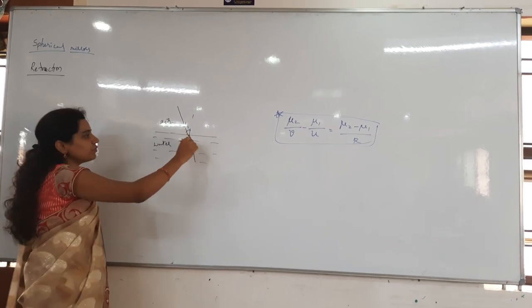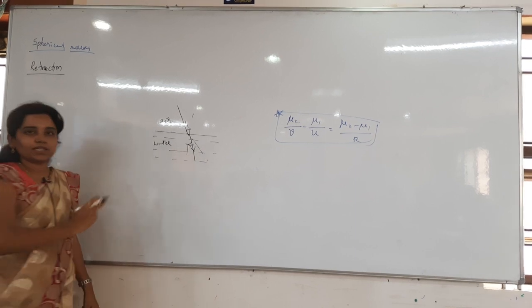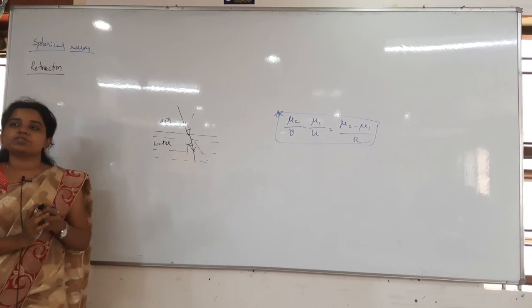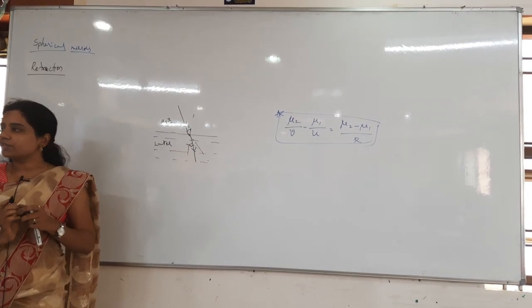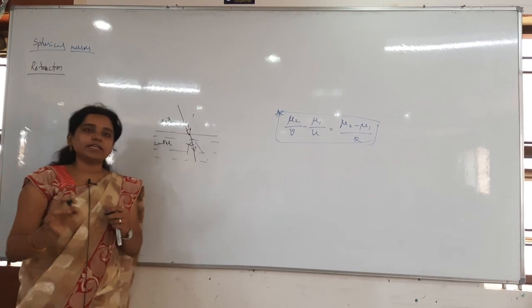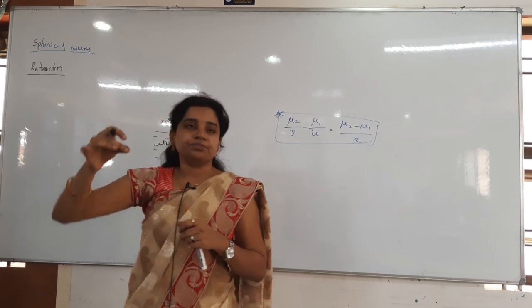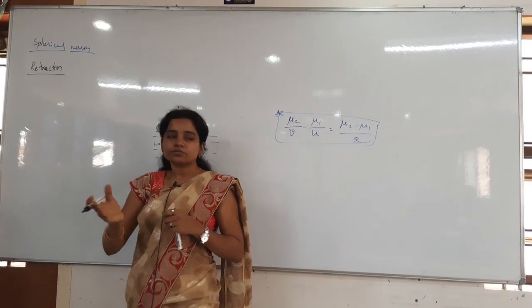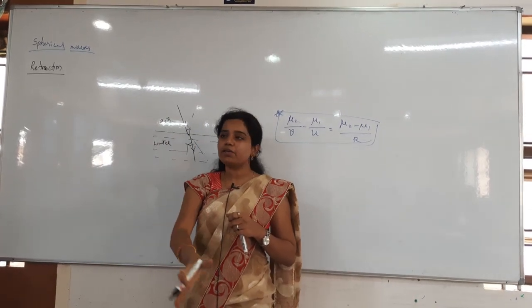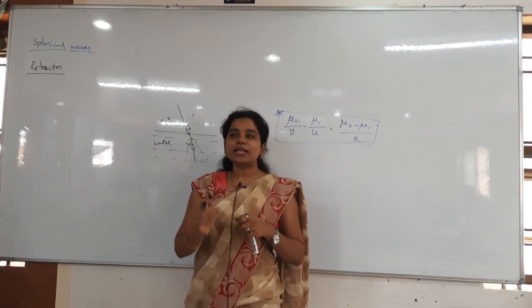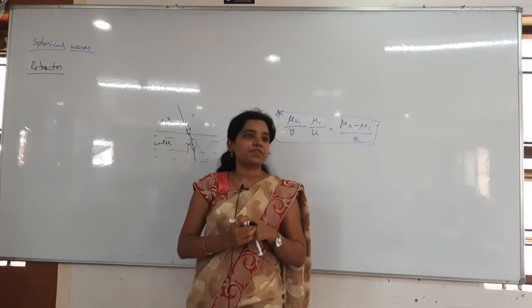This is the original path, and now it is bending like this. That bending phenomenon is known as refraction. So whenever the light enters from one medium to another and hits the boundary, it will bend from its original path. That bending phenomenon is known as refraction.